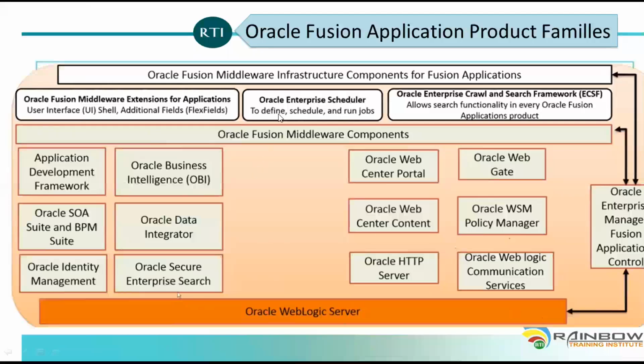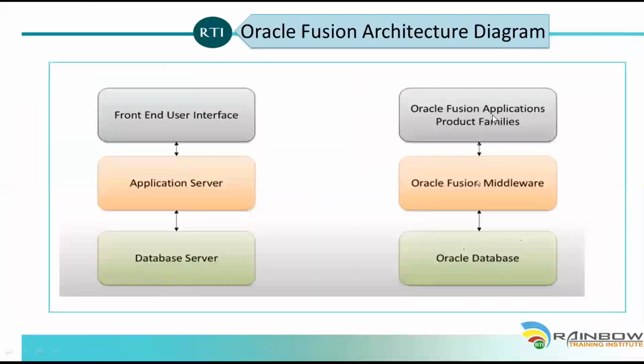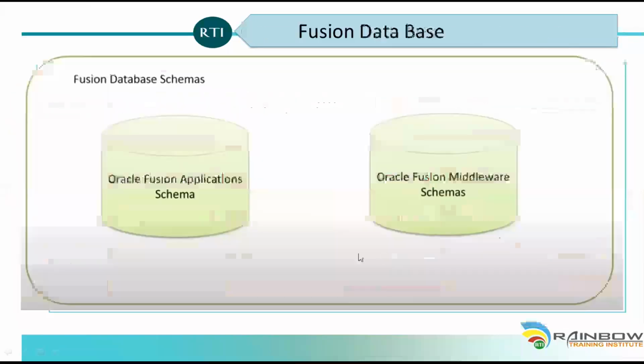Okay, so this is what we have as middleware components. So we understand the product families. We understand the front-end product families. We understand a little bit of middleware components. And what we have in the database. When you're coming to the database, we have two types of Fusion database schemas. One is the Oracle Fusion application schema.